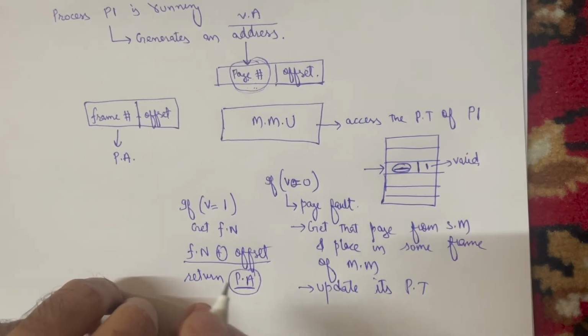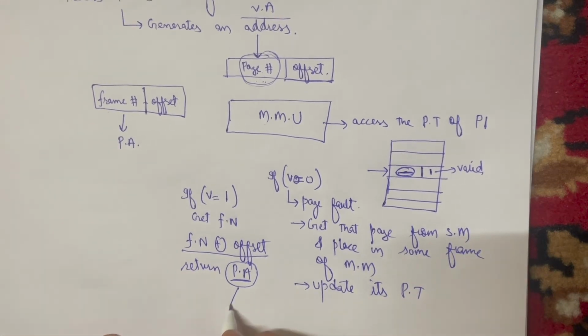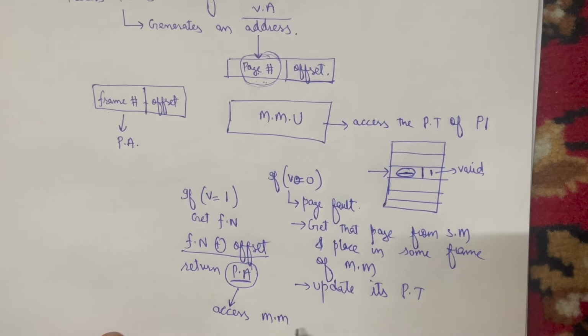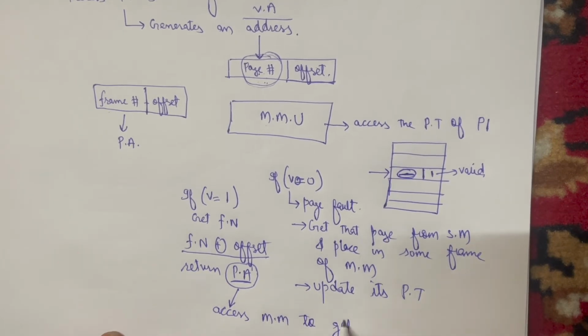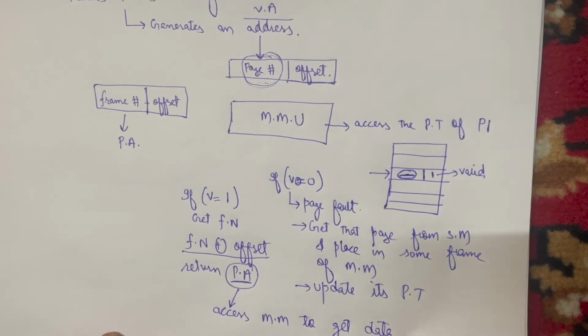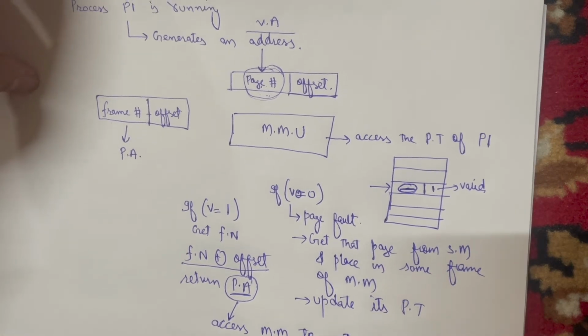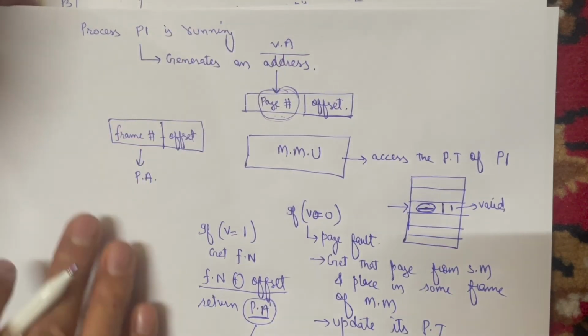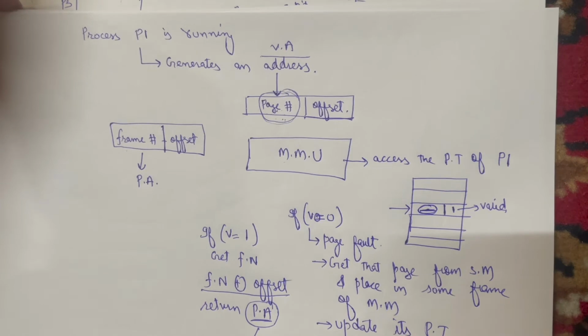Physical address means the main memory address. We will access main memory to get data. Okay, so this is how the entire process of paging works.